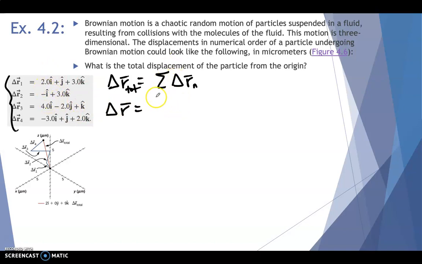What we can do is group them in terms of the direction if we want. That might make it easier, or if you can just look down the line and do it in your head, that's fine too. So I'm going to go ahead and group them.